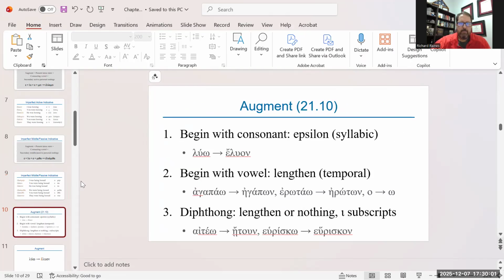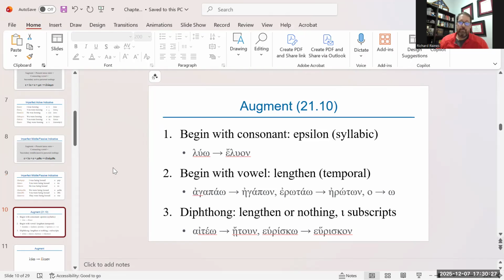Talking about the augment, there are some rules, and 21.10 lays out the characteristics or the rules when it comes to augments. There are really three things that you have to consider about the augment, because it's not always an epsilon. In fact, it could be any vowel for the most part.